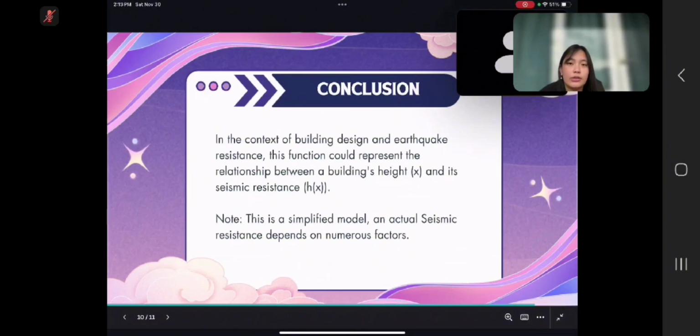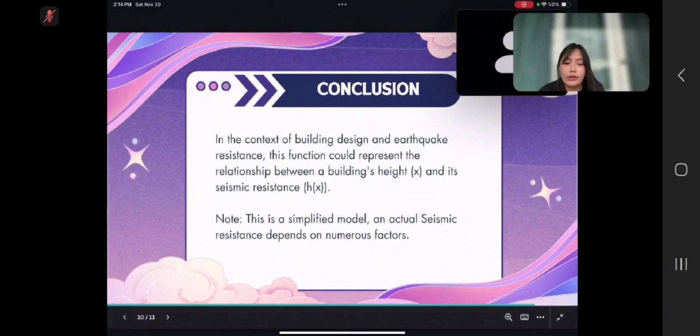Now let me discuss the conclusion. Let me read some notes Mr. Elias gave me for the presentation. The implications of a constant seismic resistance factor: consistent townhouse height. If the seismic resistance factor x remains constant, the calculated height h of the townhouse will also remain constant.